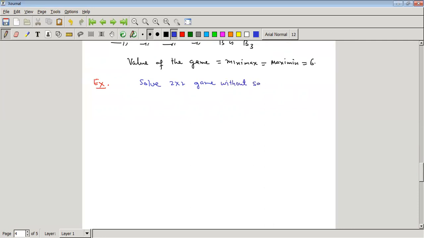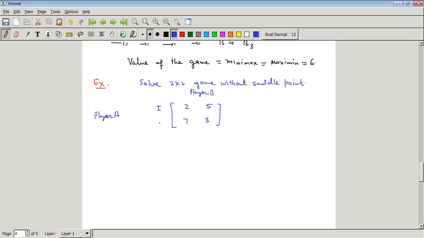The matrix is 2, 5, 7, 3. Player A, player B.